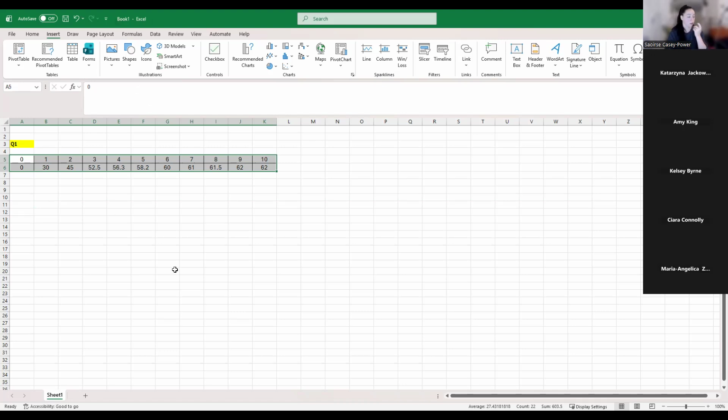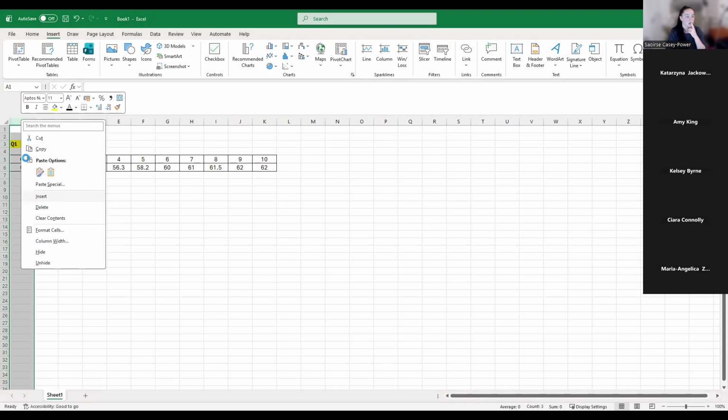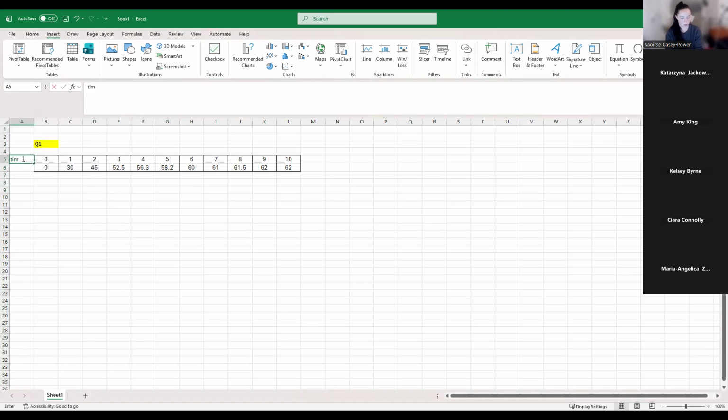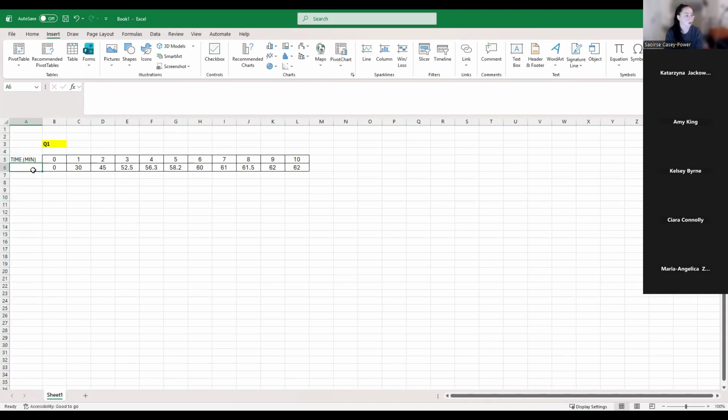It said to plot the concentration versus time. So this is our time in minutes, and this is our hydrogen gas produced in centimeters cubed.